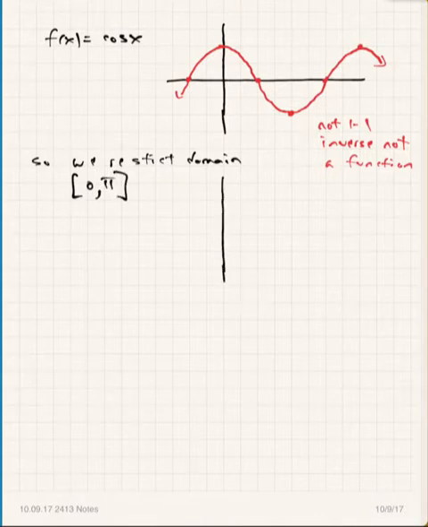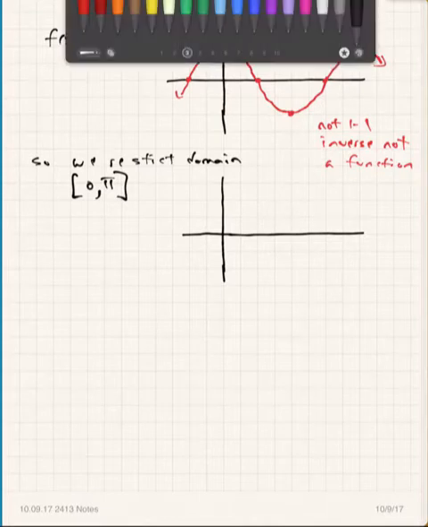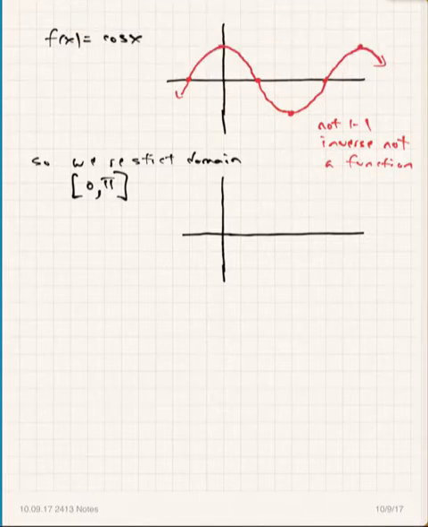Notice, unfortunately, because the graph's in a different place horizontally, we can't keep the same piece that we keep with the sine graph. And so the restricted cosine graph, just from 0 to pi, is this piece right here.